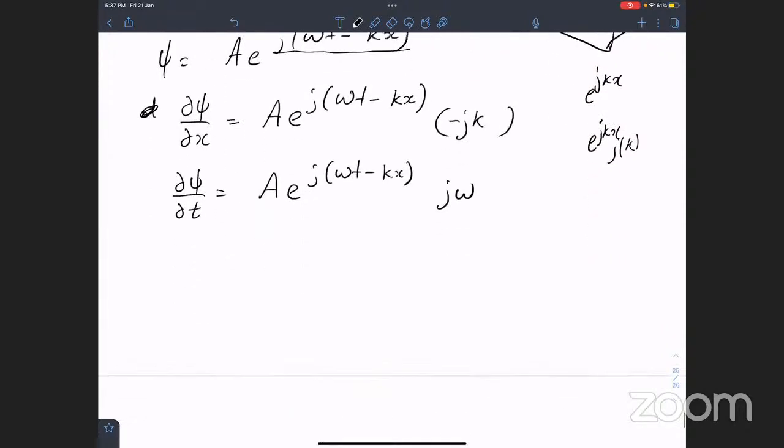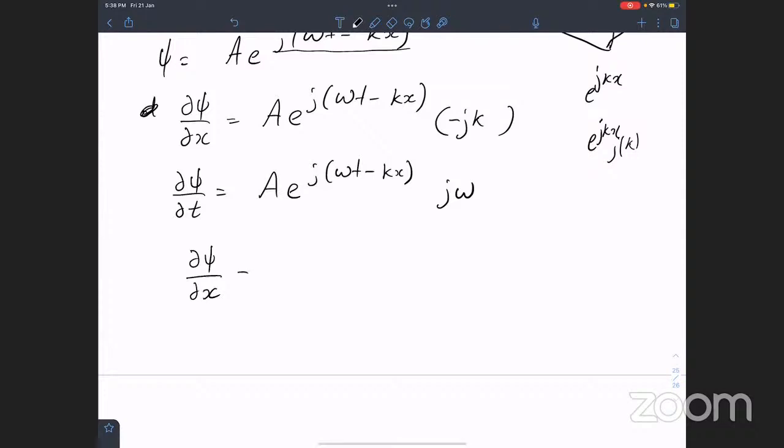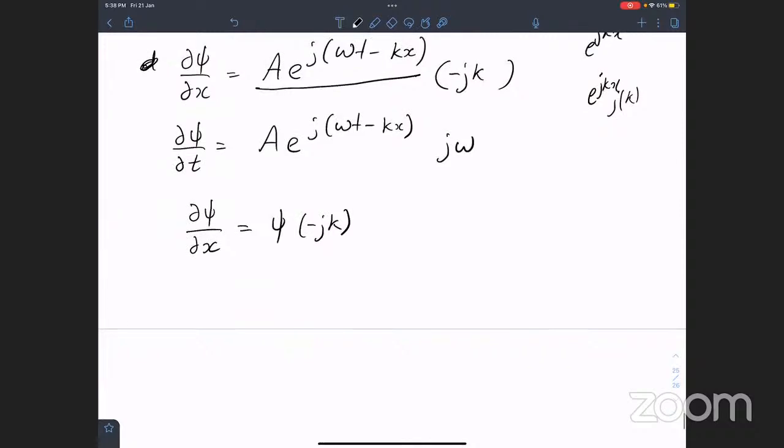So yeah. So let me write it again. I'm going to simplify this. So d psi by dx turns out to be equal to, I'm going to replace this by psi itself, right? So it is psi times minus j into k. Or I can write it as h bar into d psi by dx is equal to minus j h bar k into psi.